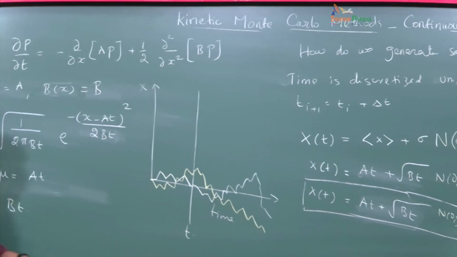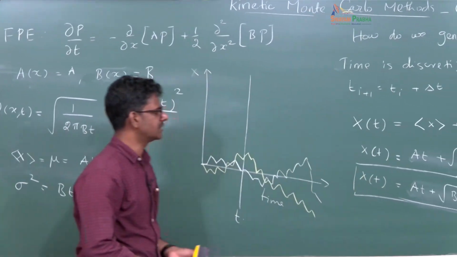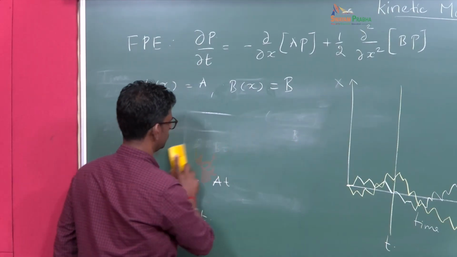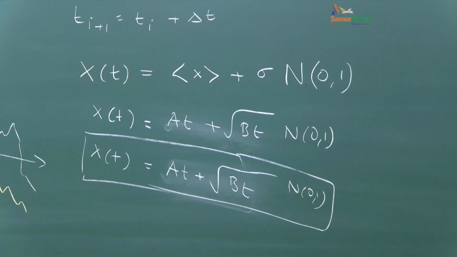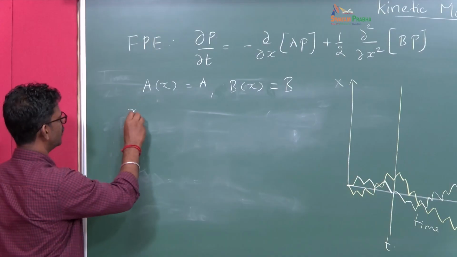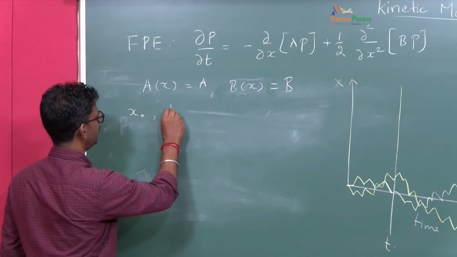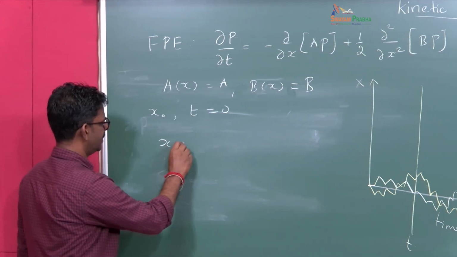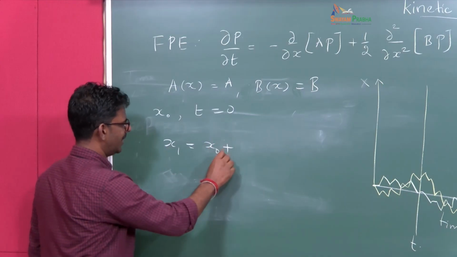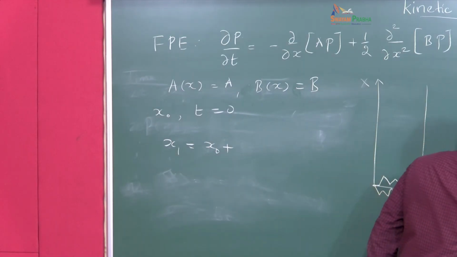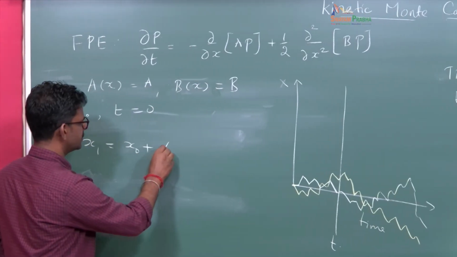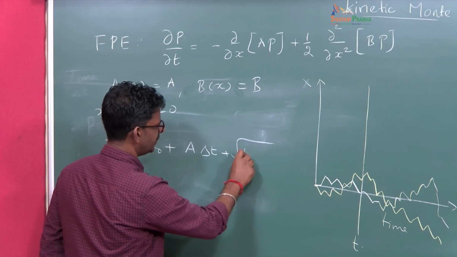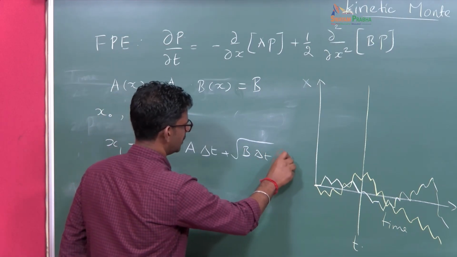If you want to do this with discretized sample paths, you will start with x naught at t equal to 0, that is your first initial point, and then the subsequent points can be obtained as x1 equal to x0 plus these two quantities, which is a times delta t plus square root of b times delta t and a normal random variate.